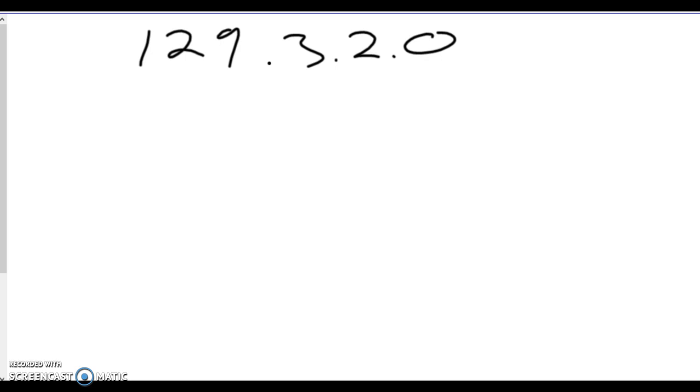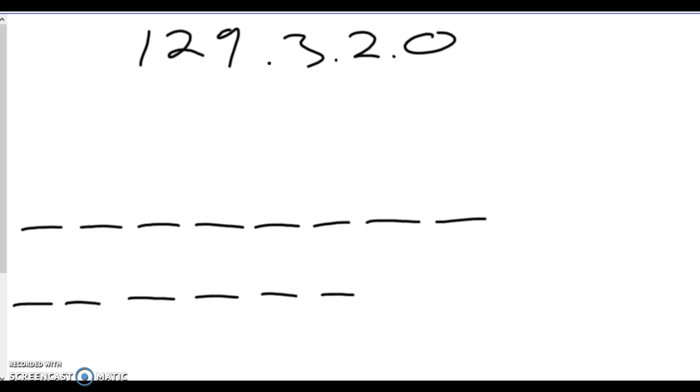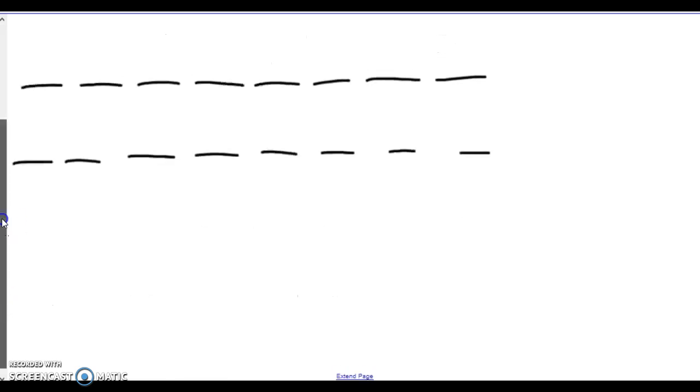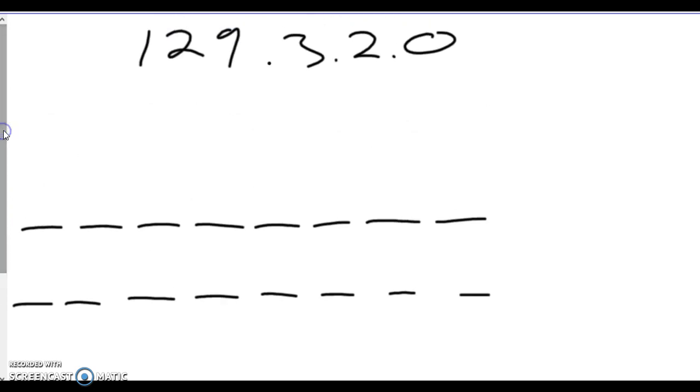So we're going to have two rows of 8 bits. A dot there. This represents our third and fourth octet in our IP addressing or subnet mask.